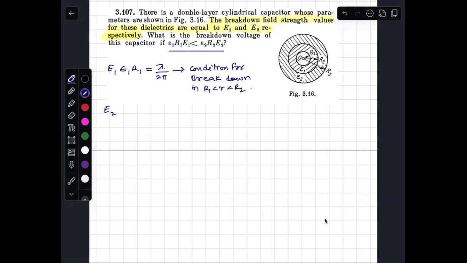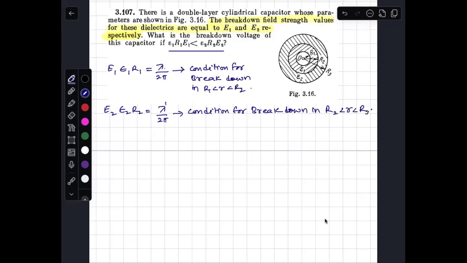No. Don't get confused. What was E1M in the previous question is now E1 in this question. E2 epsilon 2 R2 is some lambda dash by 2 pi is the condition for breakdown in R2 less than R less than R3.